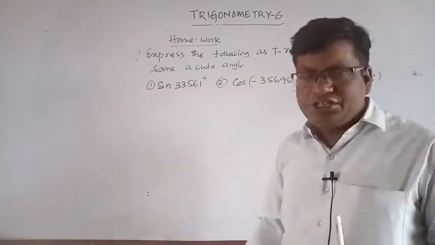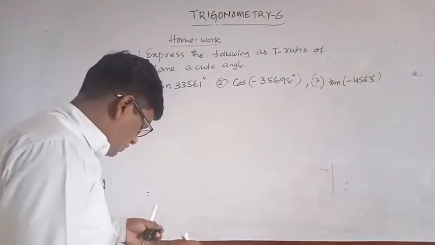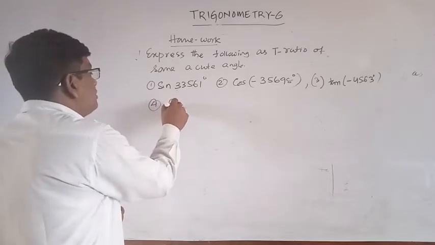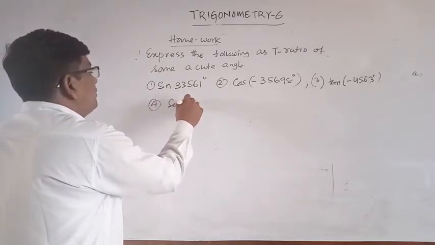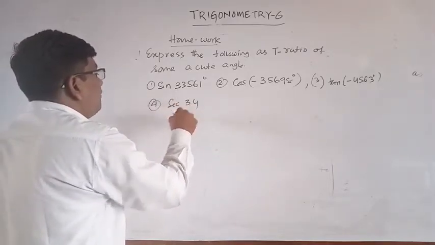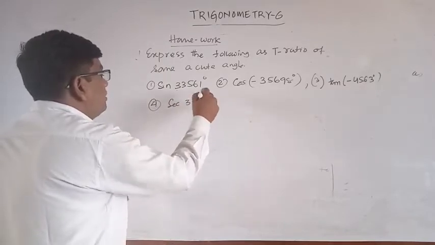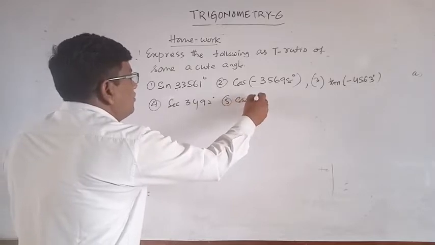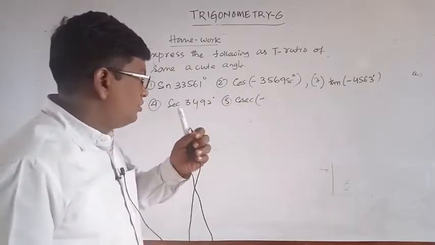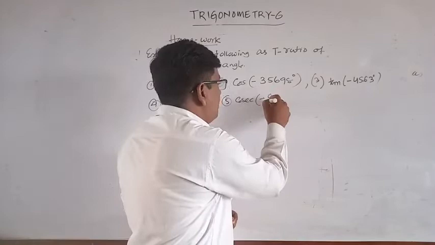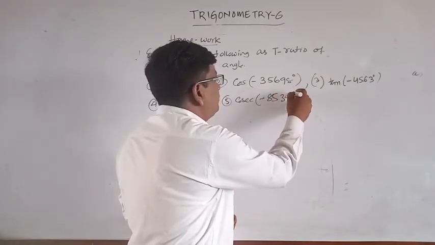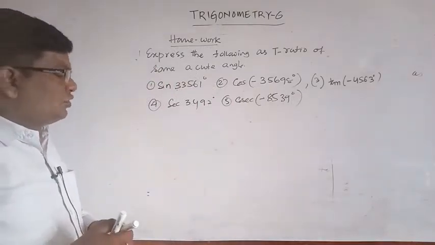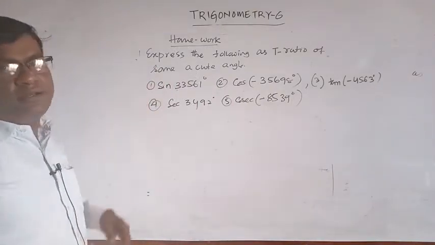And 4 is sec of 3492 degree. And 5 is cosec of minus 8539 degree. These questions are homework for you. So, try to solve yourself.